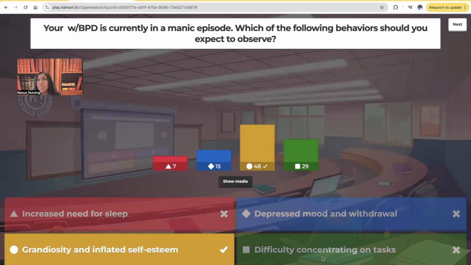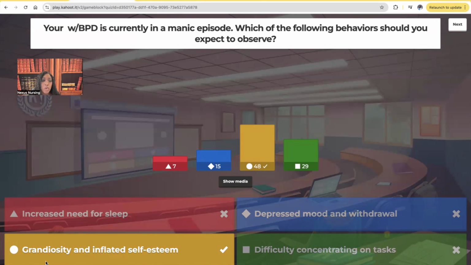We can also see that in depressive phase. When the patient is in the depressive phase, they're so sad, they're so down, they can't concentrate. We're looking for something that is specific to the manic phase, and that's going to be that grandiosity where they have an inflated sense of self, inflated self-esteem.